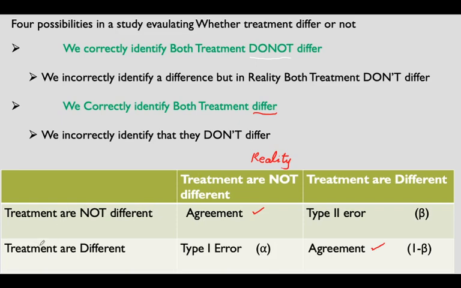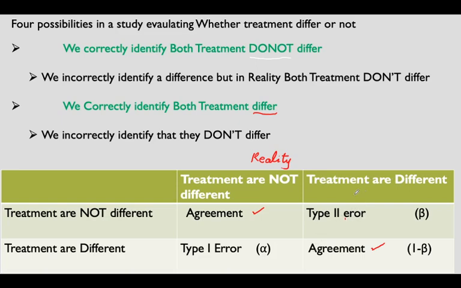That is what is called type 1 error. And if the treatments are truly different but somehow we say they are not different, this falls in the category of type 2 error.